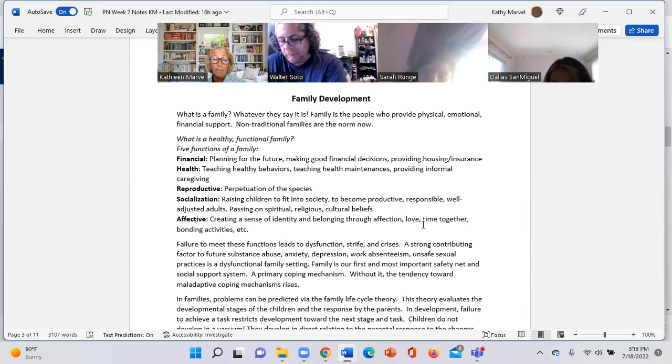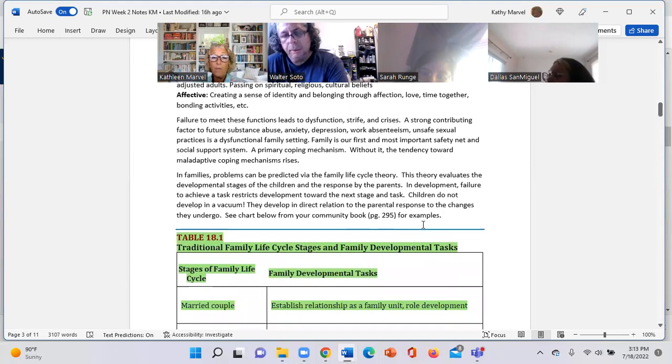So in the case of an unhealthy family under financial, right? No planning for the future, maybe unemployed, maybe homeless. You just have to think in terms of the opposite for each of these 5. And as it states here, failure to meet these functions leads to dysfunction, strife, and crisis.